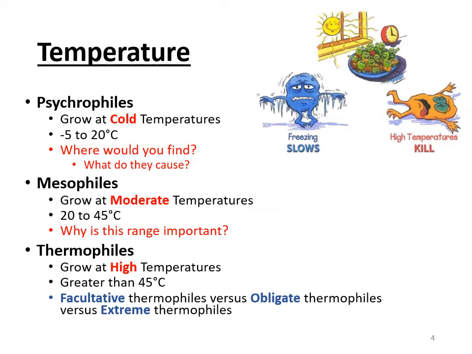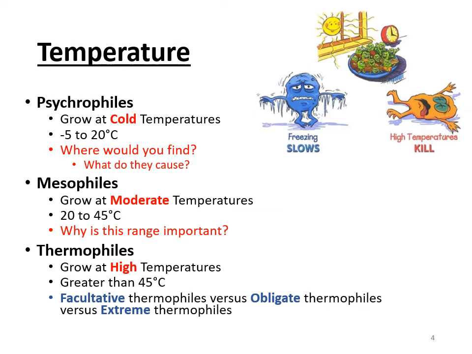So they can cause a problem for us, the facultative thermophiles. Then the last one is extreme thermophiles. And if anything's extreme, that means crazy high. So extreme thermophiles you will find above 80 degrees Celsius.